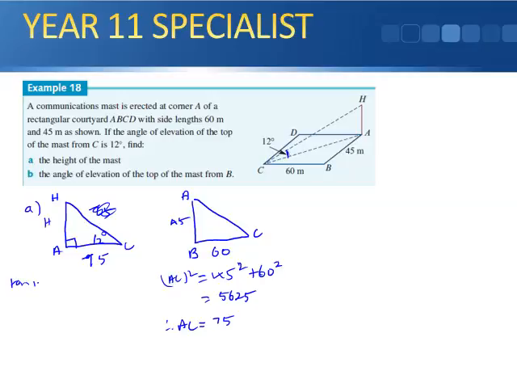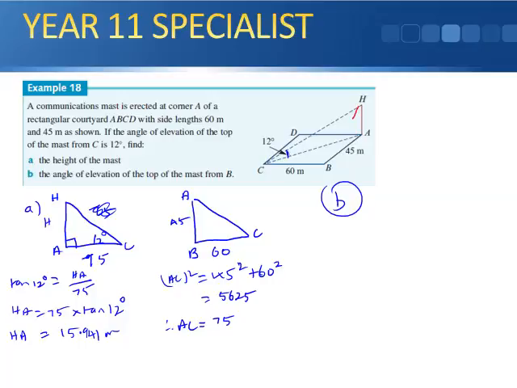So I've got tan 12 degrees equals HA divided by 75, and therefore HA will equal 75 times tan 12 degrees, and when I work that out, I get the height of 15.941 meters.